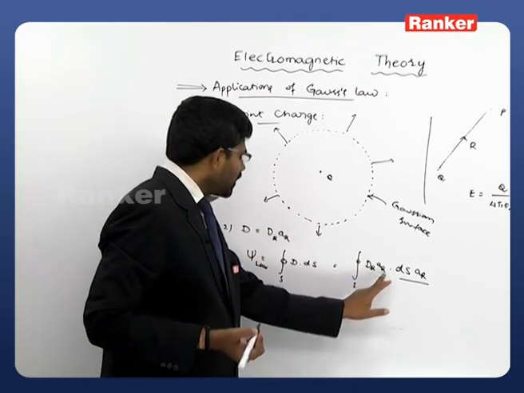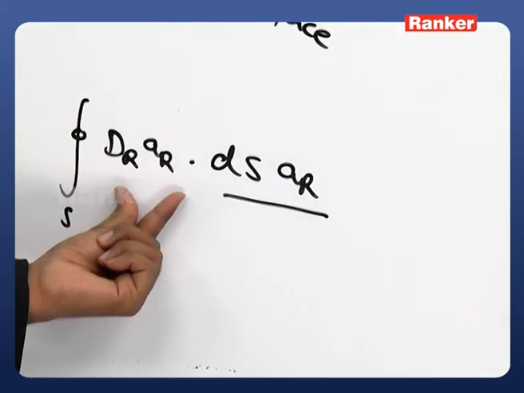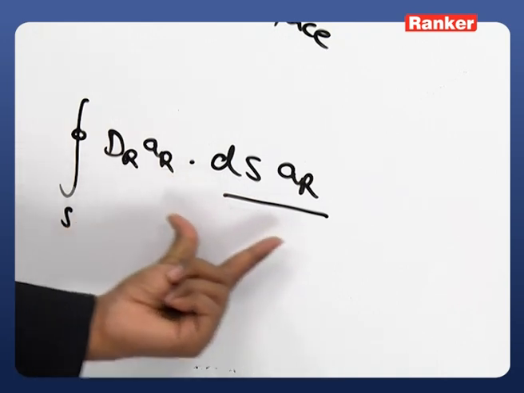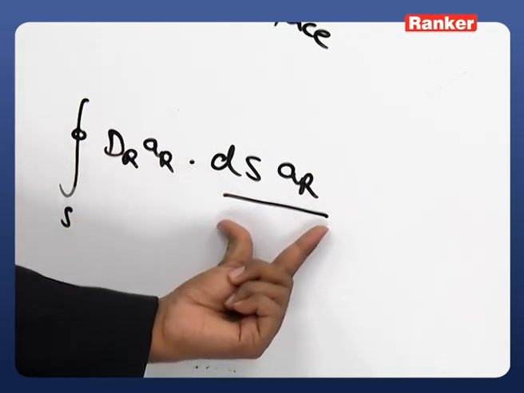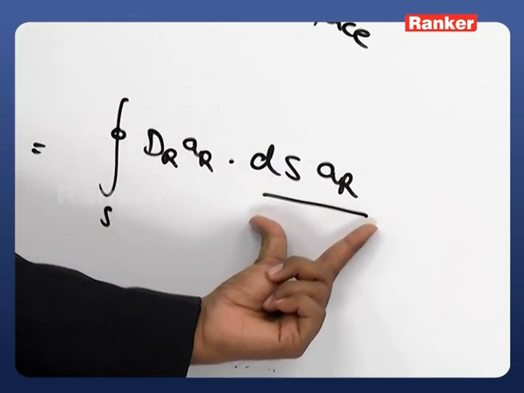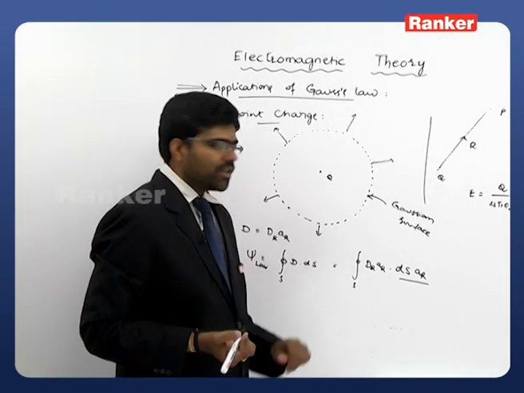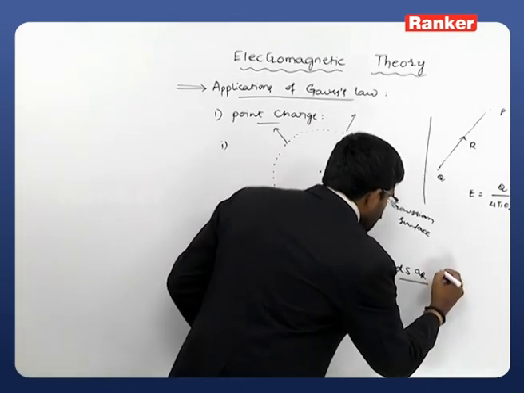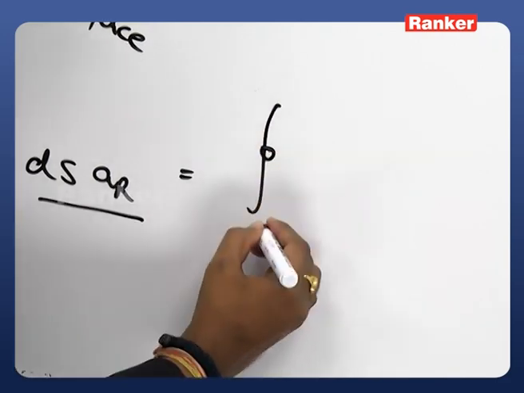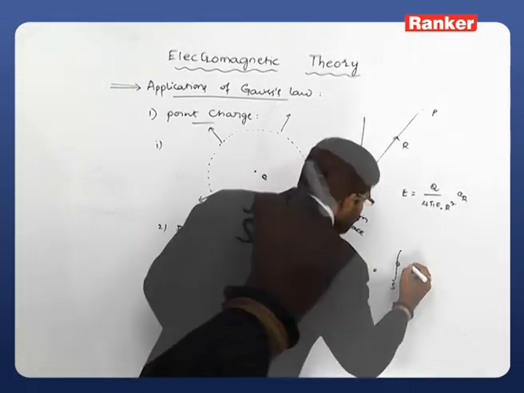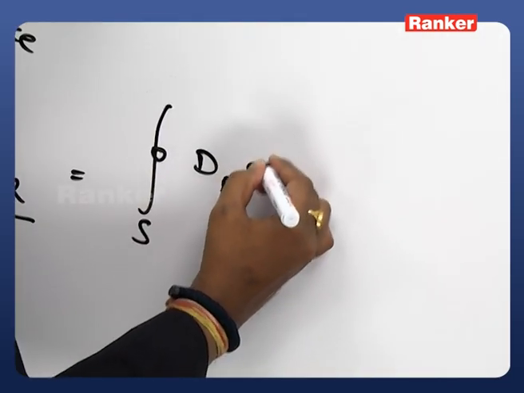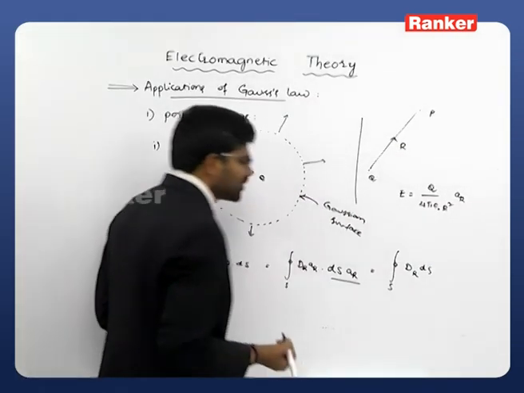D_r a_r is the flux density we have, and we are integrating that flux density over the entire Gaussian surface, dS a_r. Now a_r dot a_r is always 1, so it equals the closed surface integral of D_r with respect to dS.